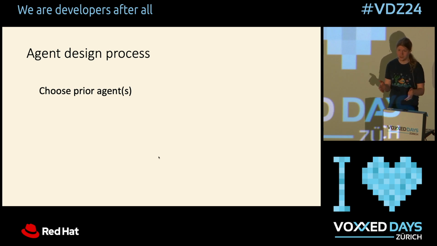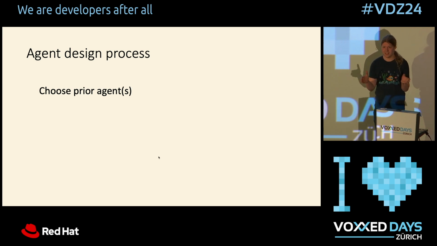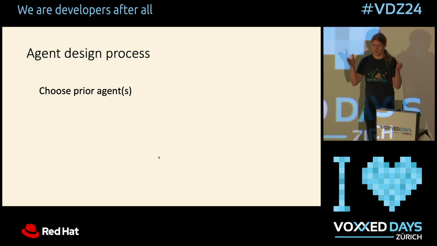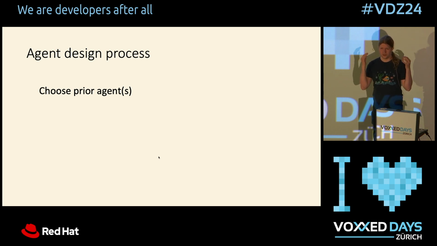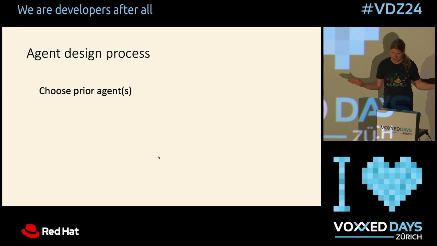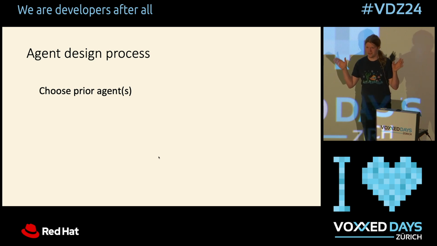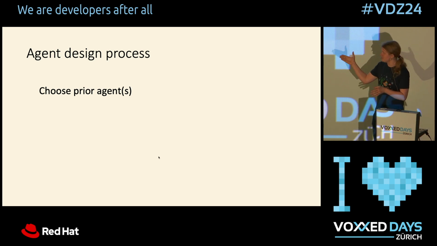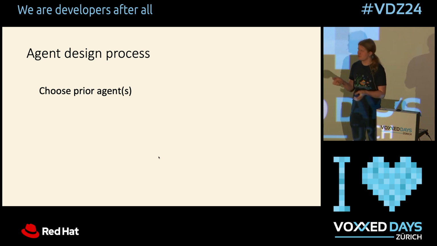What I typically do, and don't do this in any other software project, just works because agents are typically small, just a couple of 100 lines of code. If they get larger, use typical software architecture and the software design process. But with small agents that solve a single specific problem, I choose a few prior agents.